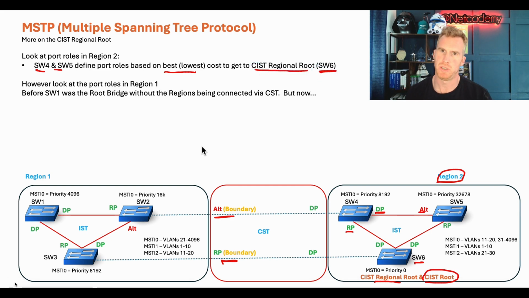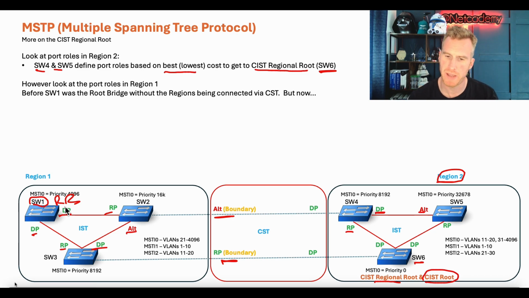And now what I want you to do is just look at the interfaces in region 1. Do a mental screen snapshot, as it were. So we've got designated port, root port, designated port, alternate port. And as we've said, switch 1 is that root bridge. It's the regional root bridge.